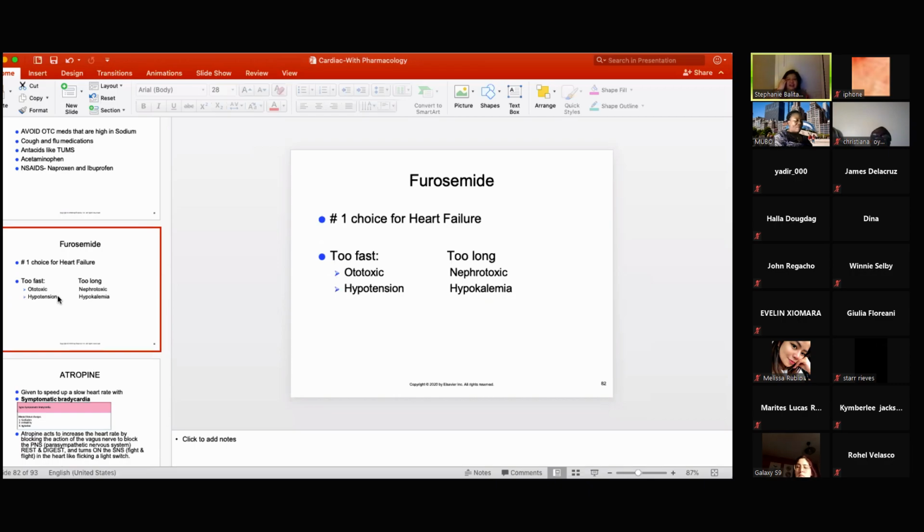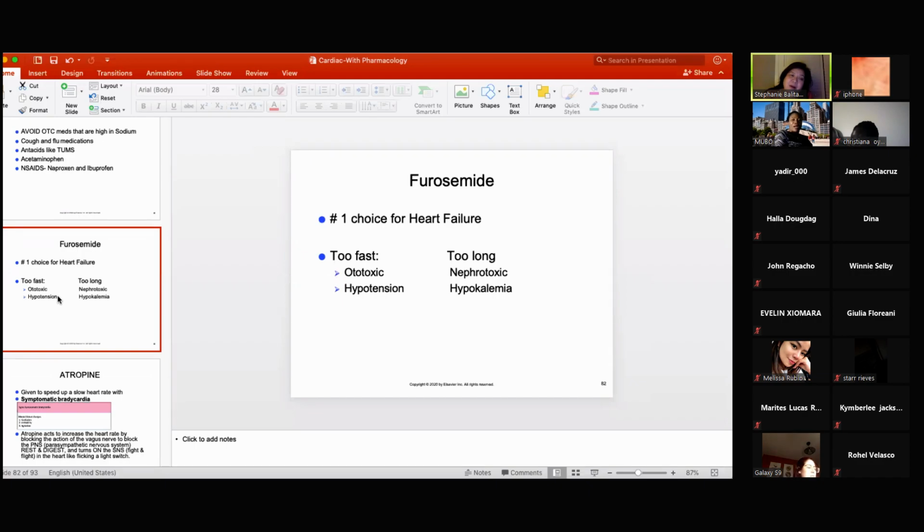Just as a side note for you, furosemide is the first choice for heart failure. If you're giving it too fast, it's ototoxic and can cause hypotension. If you're having it for too long, it could be bad for your kidneys. And are you going to have hyperkalemia or hypo?